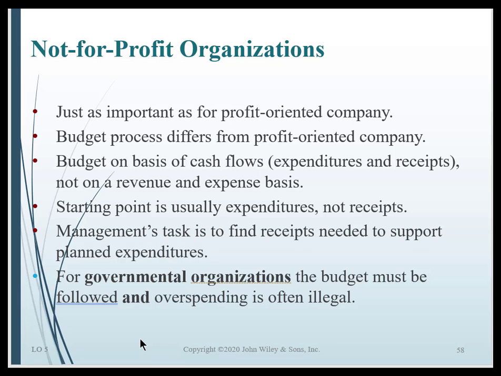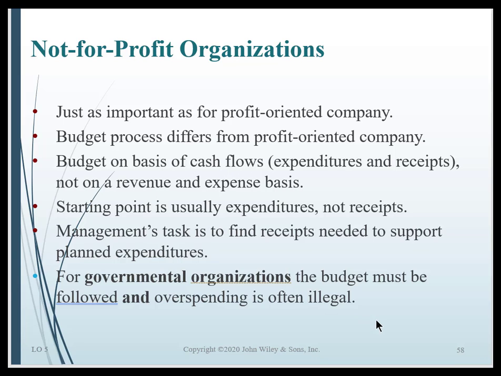So in the end, how does this all relate to other industries as well? What about not-for-profits? Not-for-profit is really not for tax. We still have to have more money come in than money goes out. So the budget profit differs from the profit-oriented company. It's really going to be worked on cash flows, not on revenues.